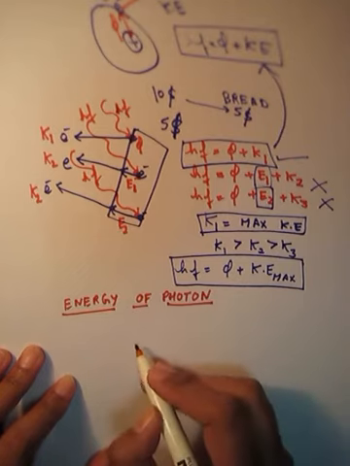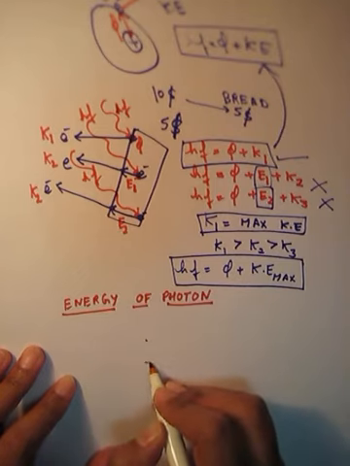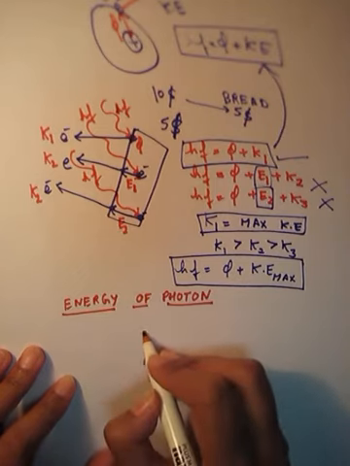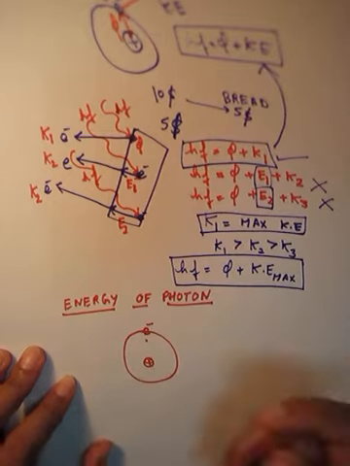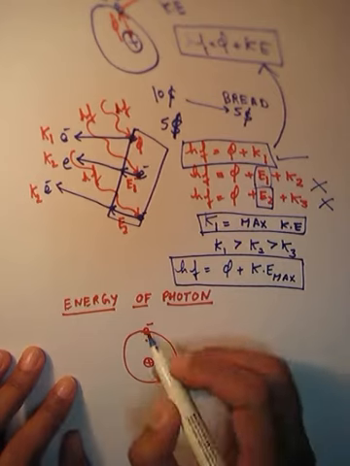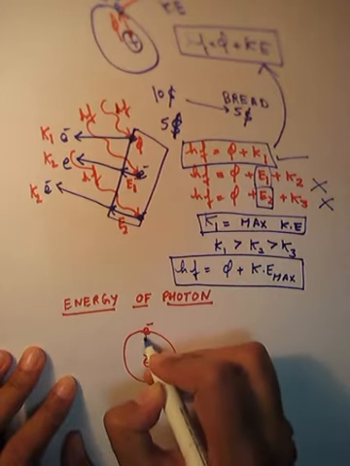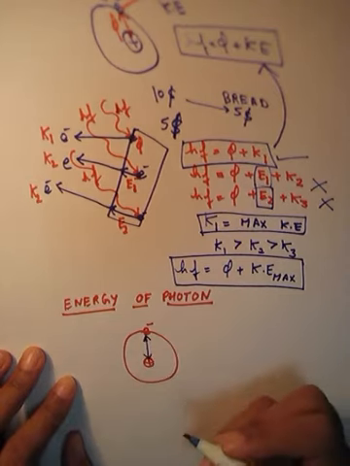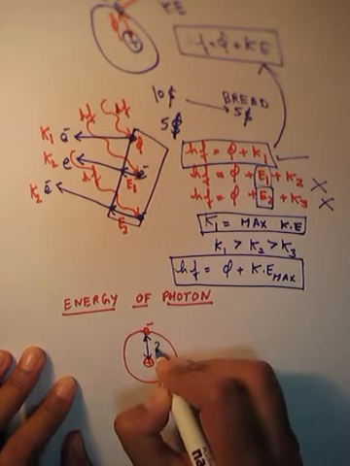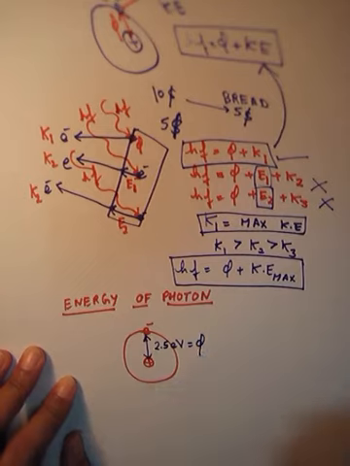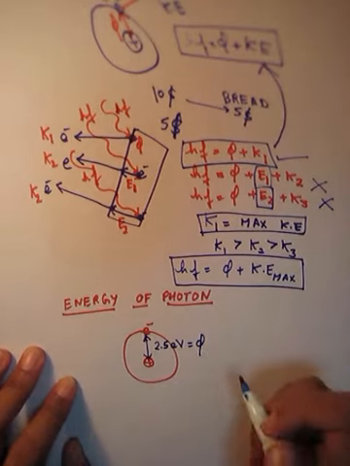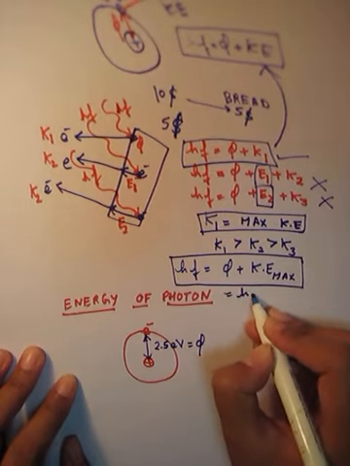Okay, so now let's say that the positively charged nucleus and the electron have an energy of, let's say, 2.5 electron volt, which is the work function. And the photon energy, you know, is hf.